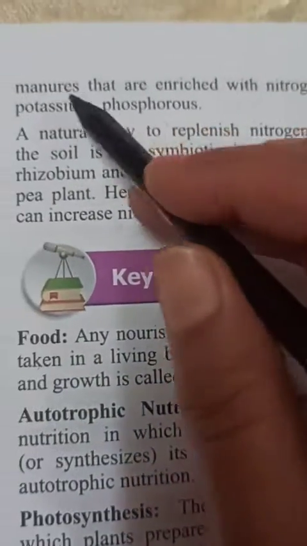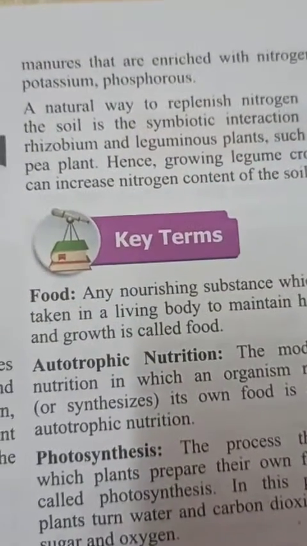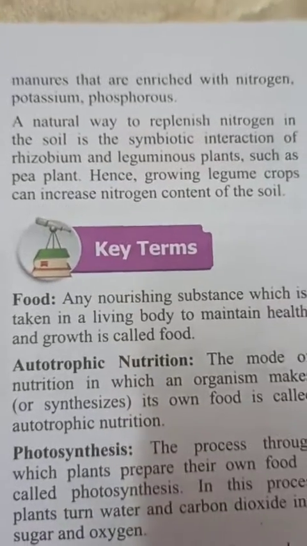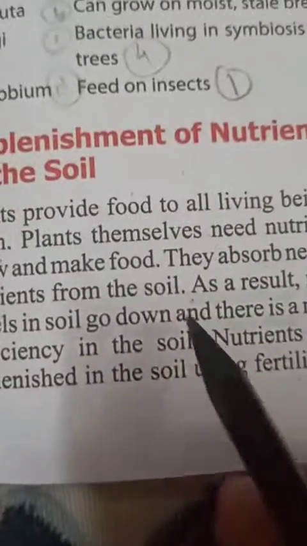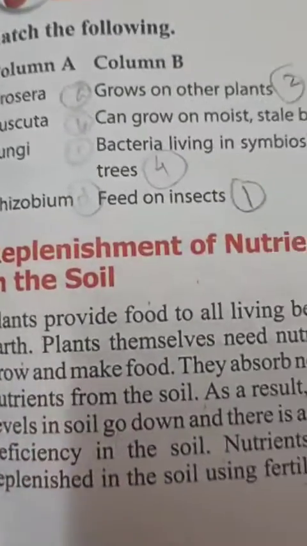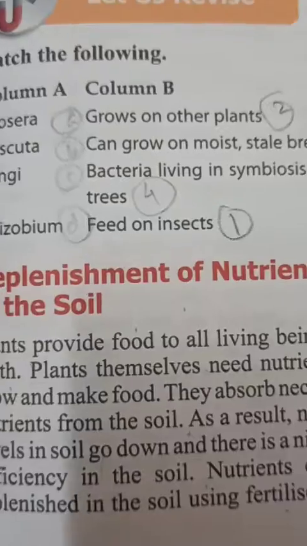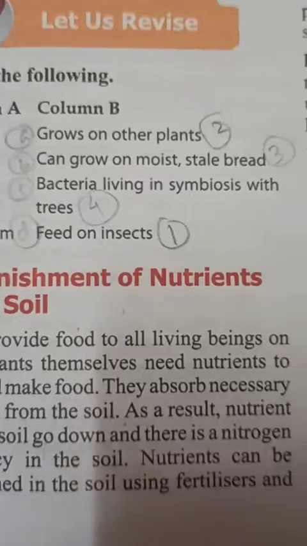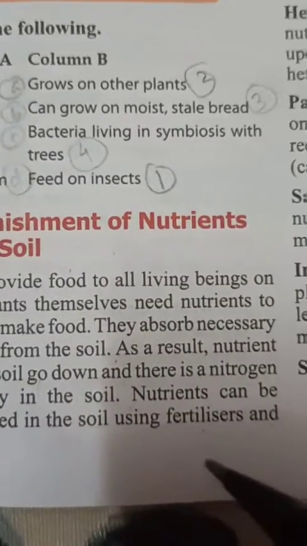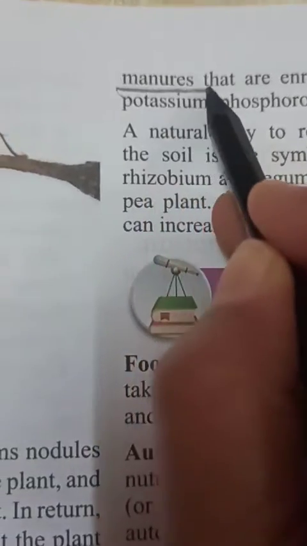Children, these are the important nutrients for plants. When we grow our crop plants again and again in the same field, there is a deficiency of nutrients, which we have studied in this paragraph, and to replenish those nutrients, we artificially provide them in the form of fertilizers as well as manures, जिसको आप खाद बोलते हो.